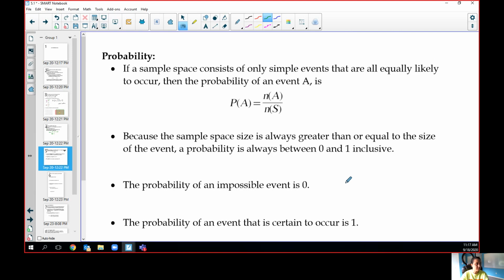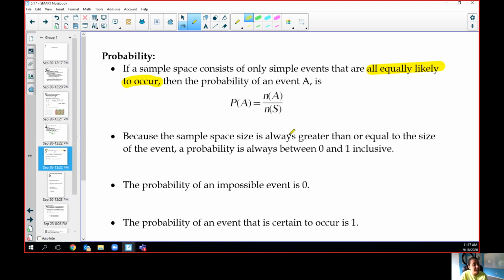All right. So next we're going to talk about how to find those probabilities. If a sample space consists of only simple events that are all equally likely to occur, then the probability of event A is the number in that event A divided by the total number in our sample space.